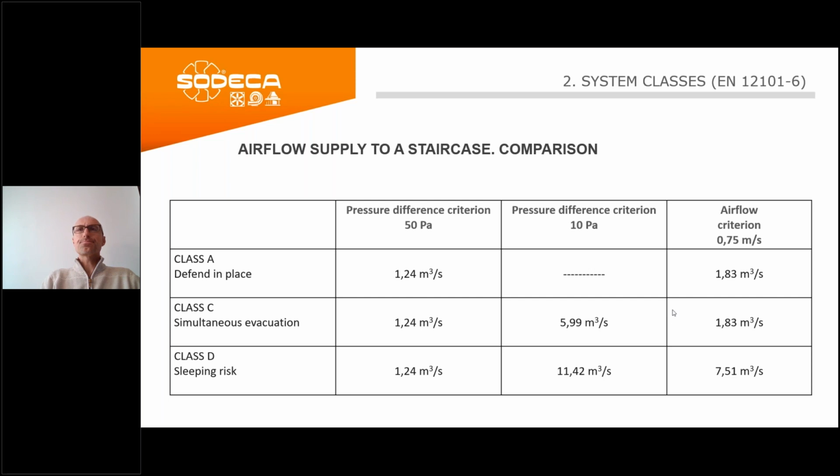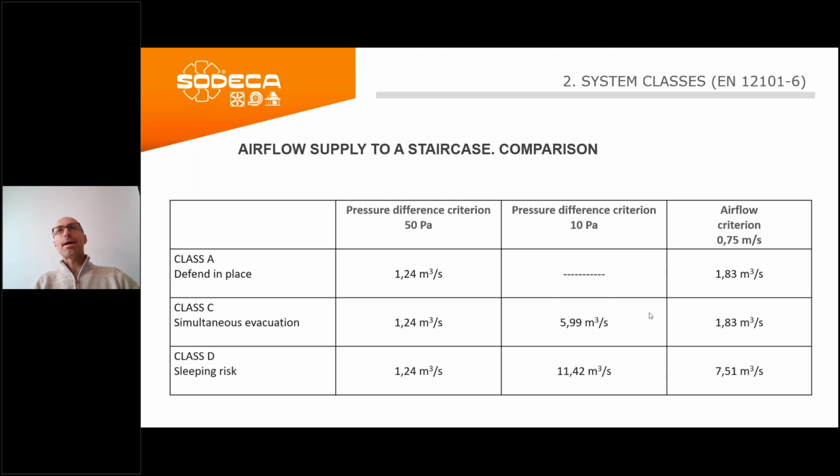For the 10 pascals criterion, with a number of doors open, with Class A, we don't have this criterion, Class C, only with the exit door open, and Class D, the exit door and another one. So we have these different values, okay?